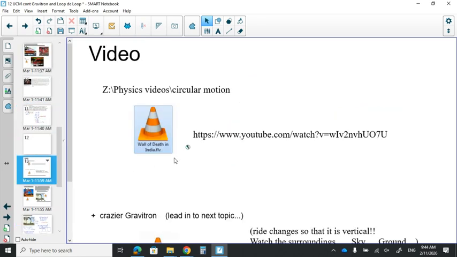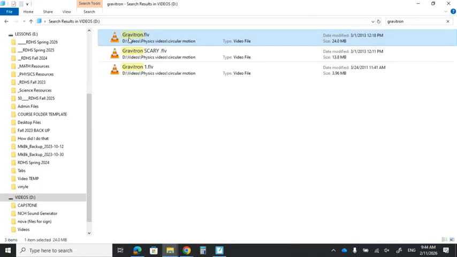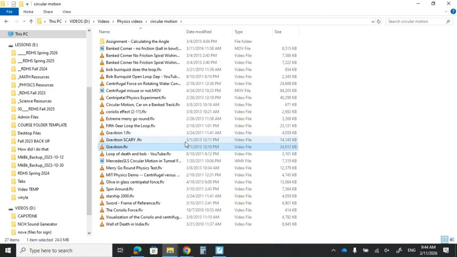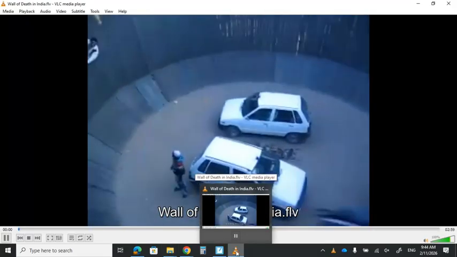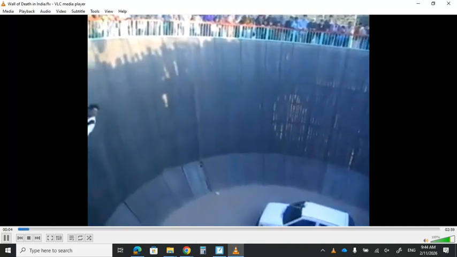The wall of death. Let's go back here. Gravitron, and I'll just find where this is opening. I'll just show you some weird examples of this. Wall of death. You could picture the physics in the world around you, though, right? If you're ever in India on a trip and you see this craziness going on, they've got a bunch of motorcycles that are going around and around, right?